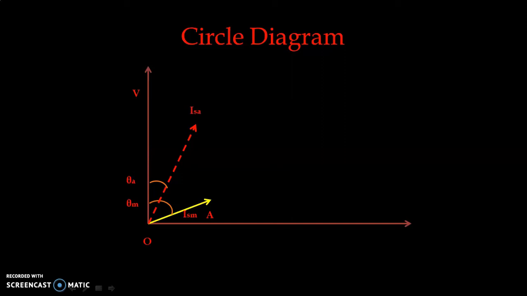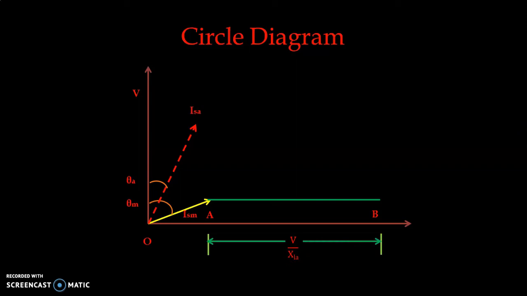So if we have both the currents, then we can take the diameter of the circle diagram, and that is V divided by XLA, where XLA is the leakage reactance of the auxiliary winding.